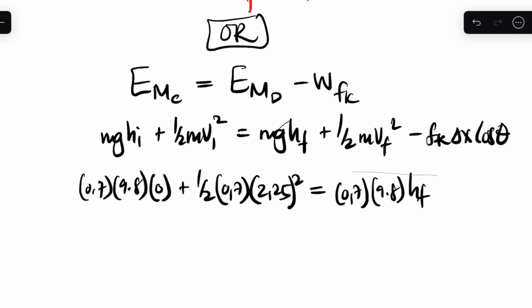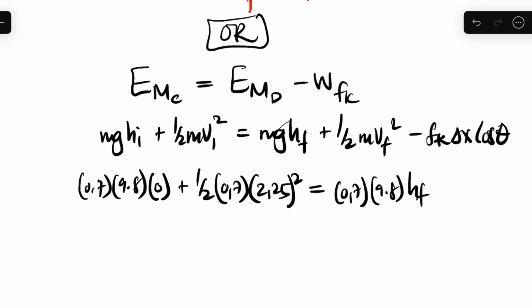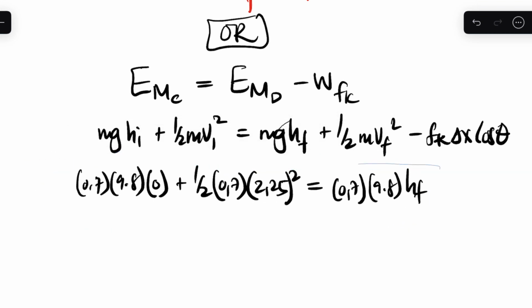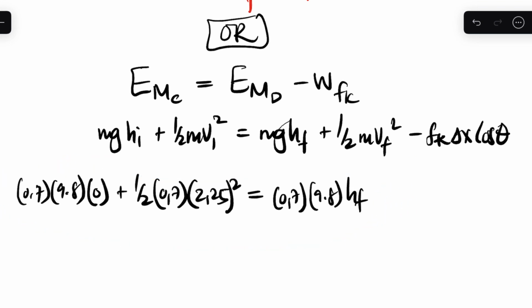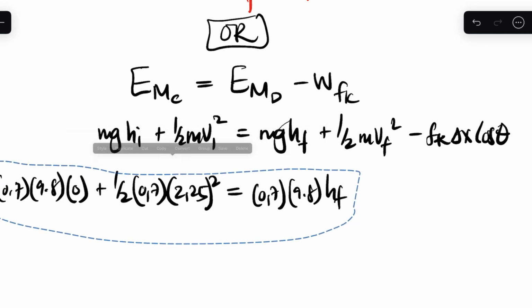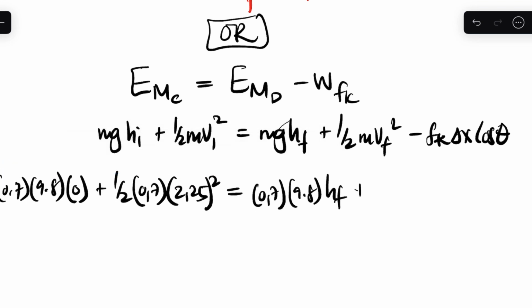Okay, let me move this to this side. We move it this side, and then we're going to have plus the mass 0.7, and the final velocity is 0, minus the friction 0.5, and the displacement is 0.3, and cos 180.